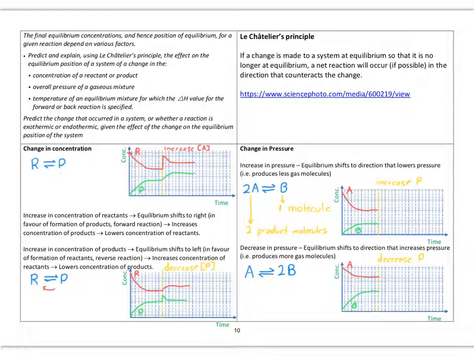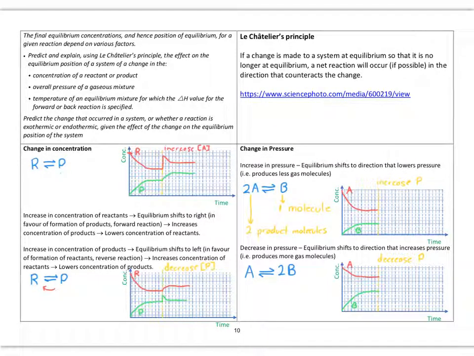Now, let's look at changes in pressure. And pressure is a little bit like concentration as well. So, let's say we have a reaction here where we have two A molecules combining to form one B molecule. So we've got A being used up at twice the rate B is forming, because we need 2 for each of these. And we're going to increase the pressure.